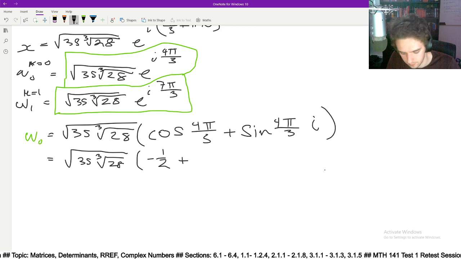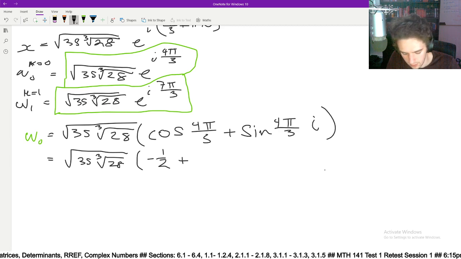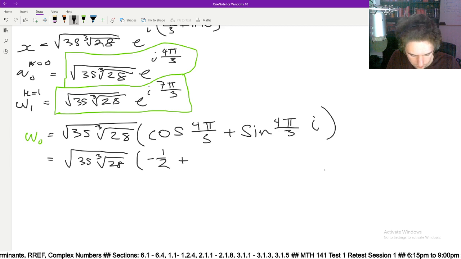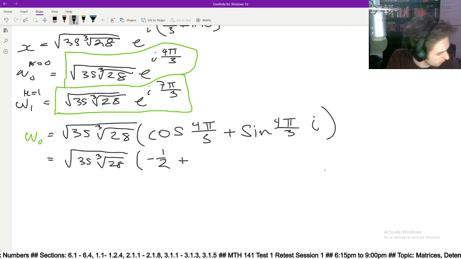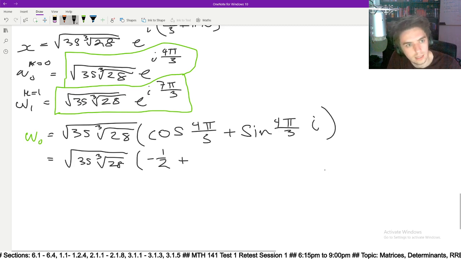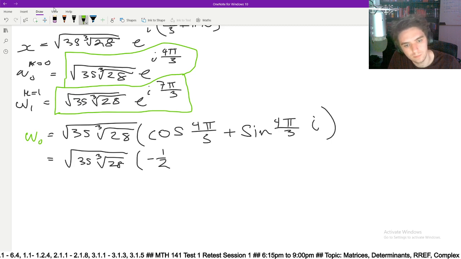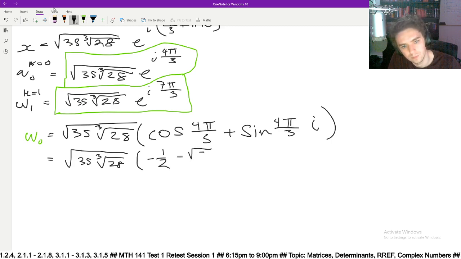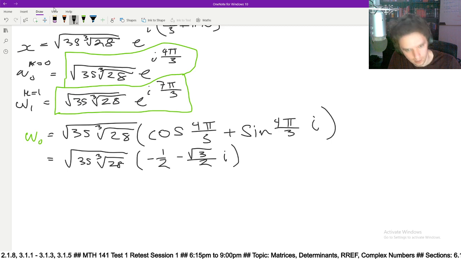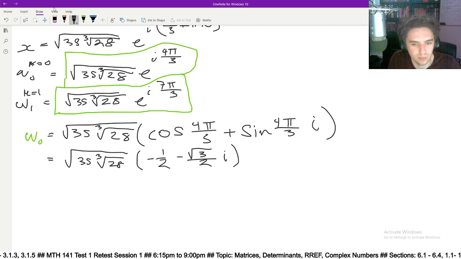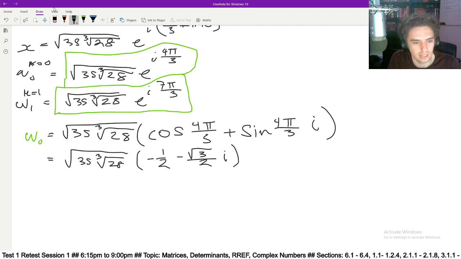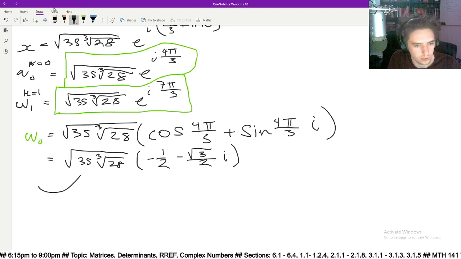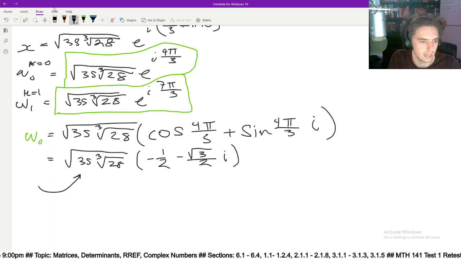Plus the sine of that, 4 pi over 3, and that's negative root 3 over 2 i. And so now this is one step close to standard form, so since I have a bunch of questions to do, you just multiply it in, and there you go. That would be standard form. Again, I don't know if the teacher would want you to simplify that. I would probably leave it as that.